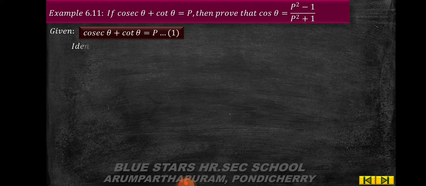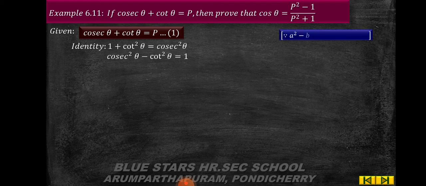Then we know the identity 1 plus cot square theta is equal to cosecant square theta. So cosecant square theta minus cot square theta is equal to 1. Since A square minus B square is equal to (A plus B) into (A minus B), we can separate cosecant square theta minus cot square theta as (cosecant theta plus cot theta) into (cosecant theta minus cot theta) is equal to 1.